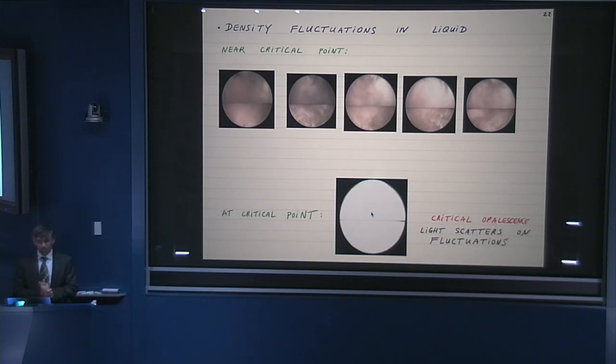So why does this happen? Well, this happens because light scatters on the fluctuations and propagates in all directions, and that's why it doesn't get to you. And the fact that it doesn't get to you means that you cannot see through. So you see this milky substance.